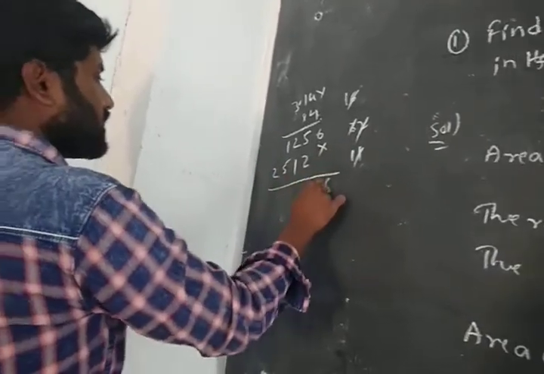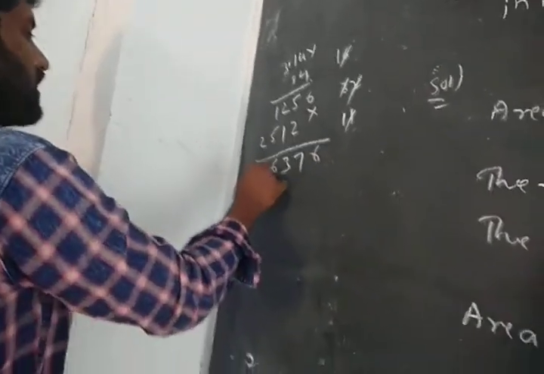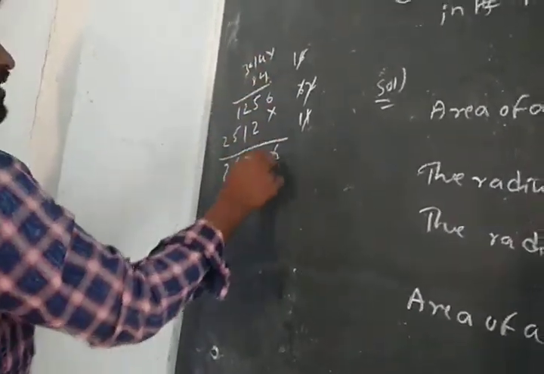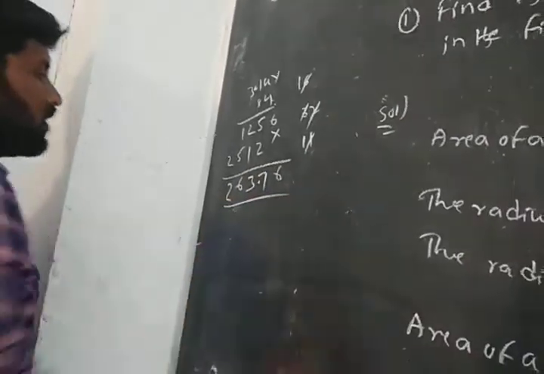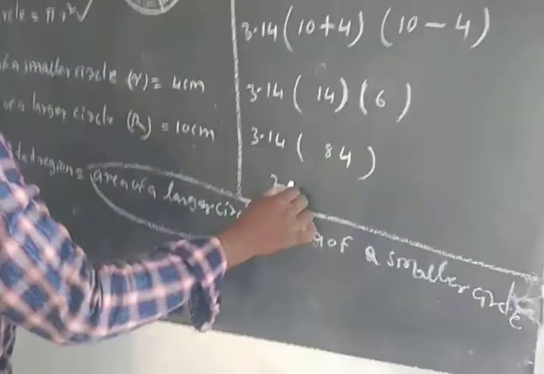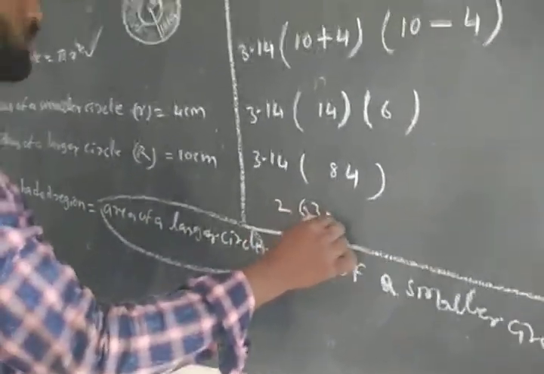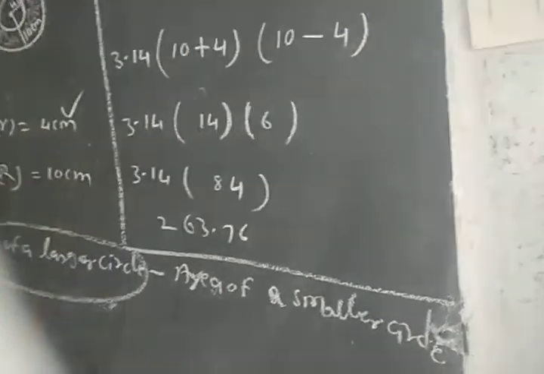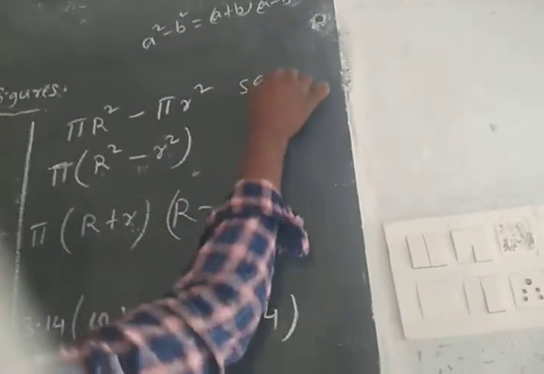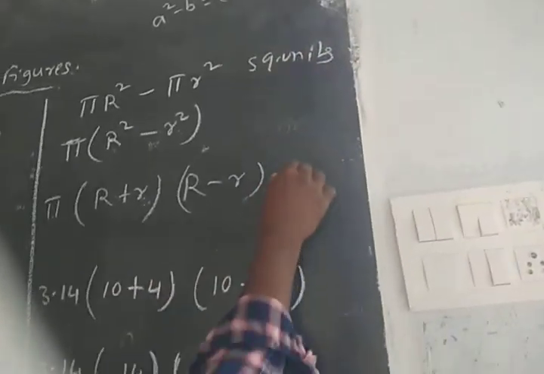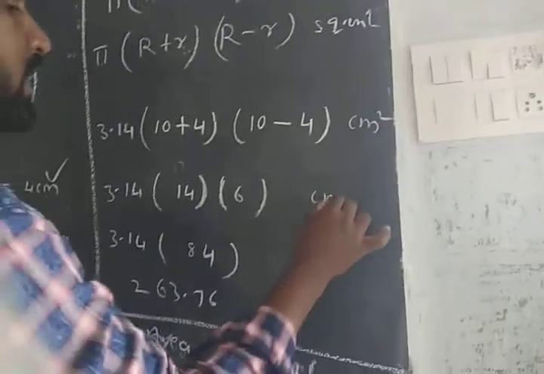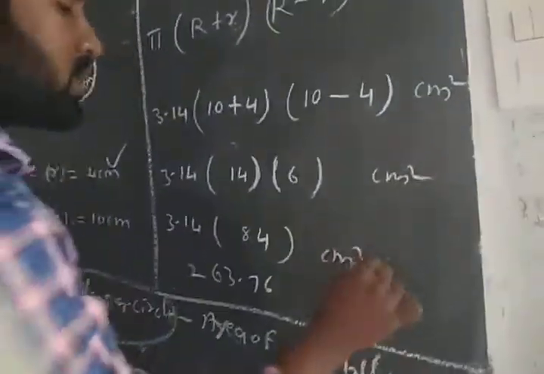Then we get 26376. There are two decimal places, so we put the point after two places from the right. We get 263.76. The units: area is always in square units, and since the given unit is centimeters, the area is in square centimeters.